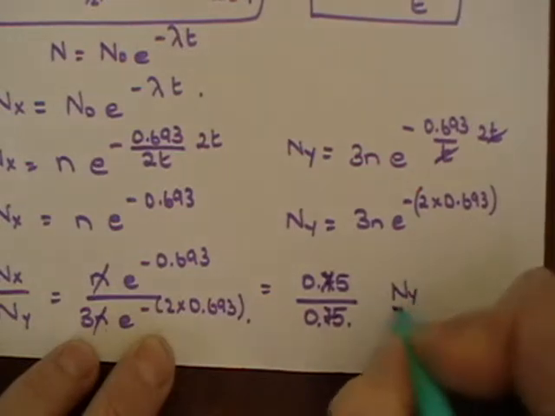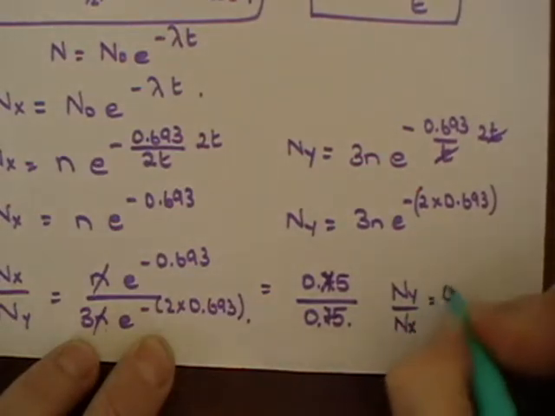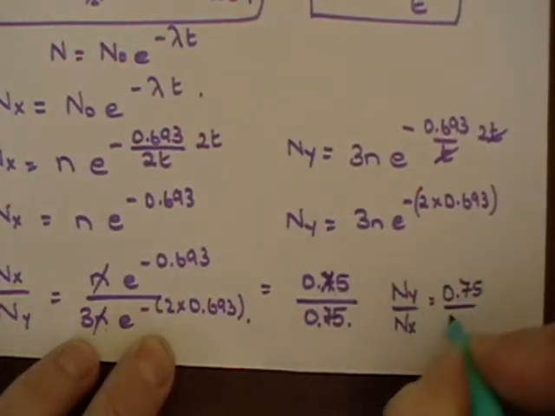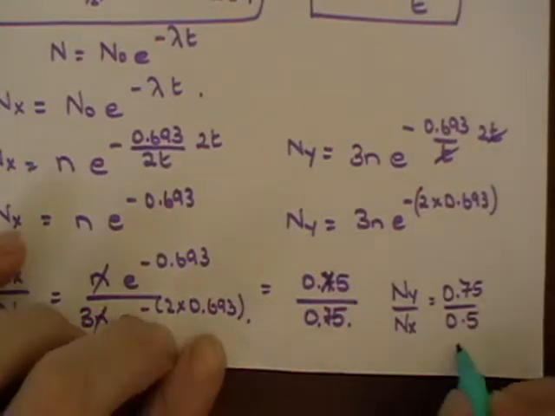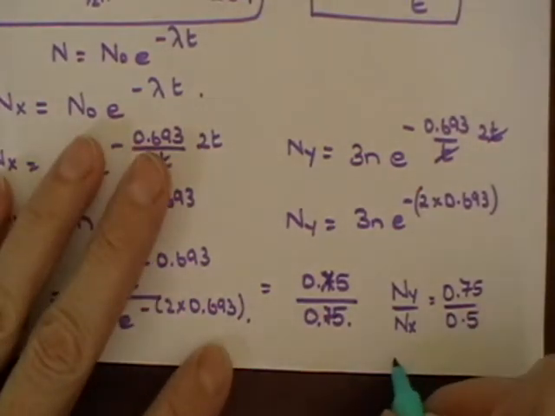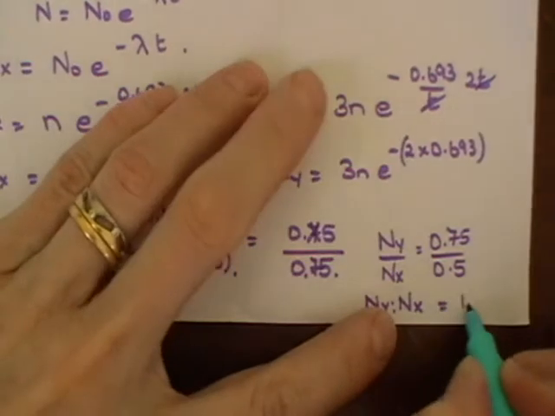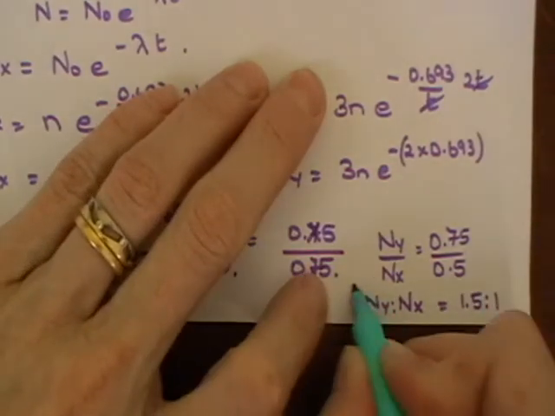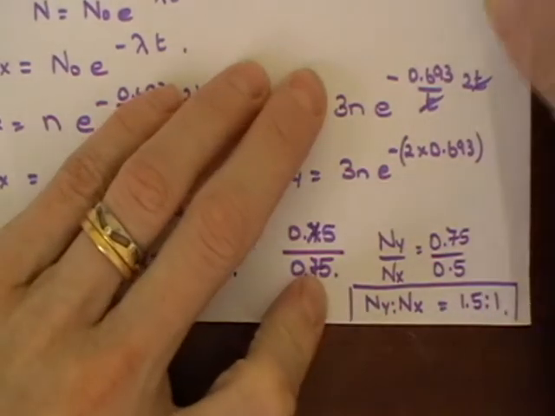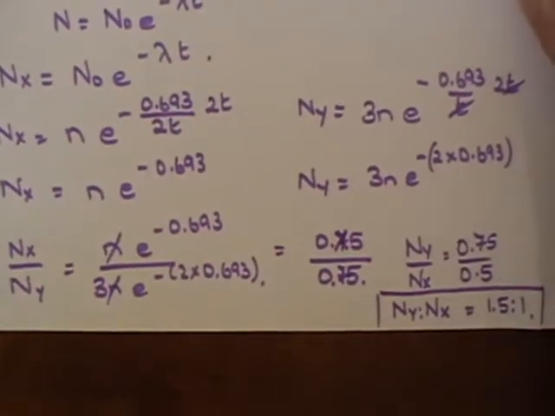So the ratio of Y to X is equal to 0.75 over 0.5, and that's the same as 1.5 to 1. So Ny to Nx is equal to 1.5 to 1. That seems very long-winded there. There was quite a lot going on there.